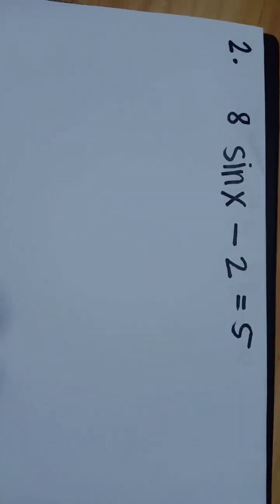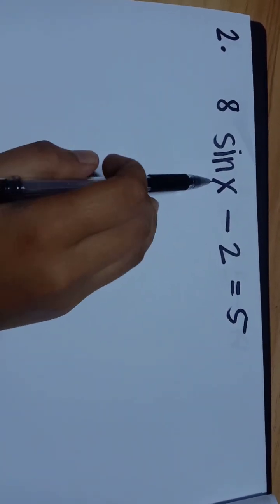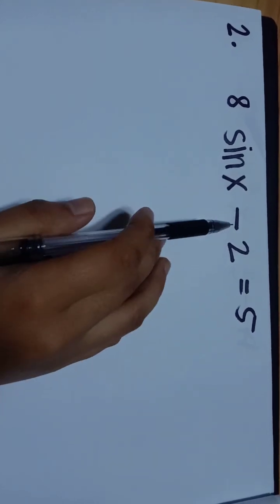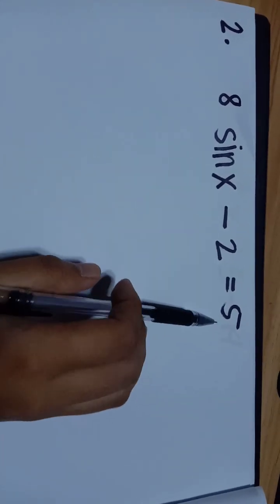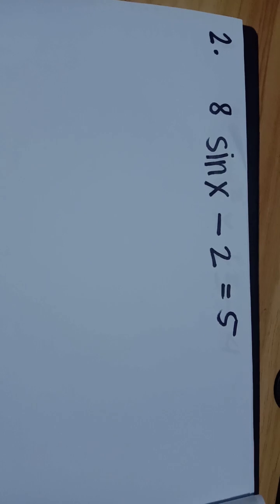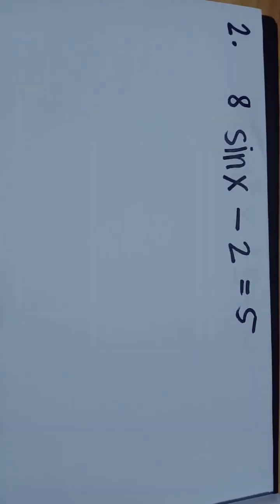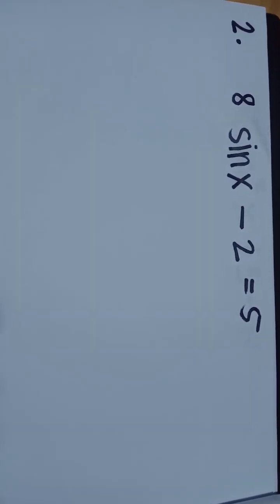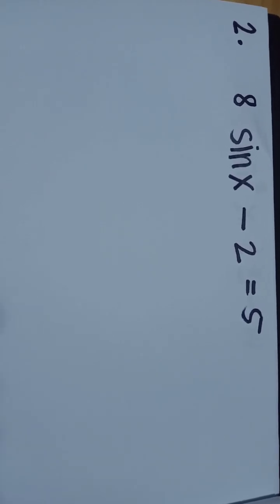Number 2, we have here 8 sine x minus 2 equals 5. You have 1 minute or 2 minutes to answer this. Your timer starts now. Okay, time's up.